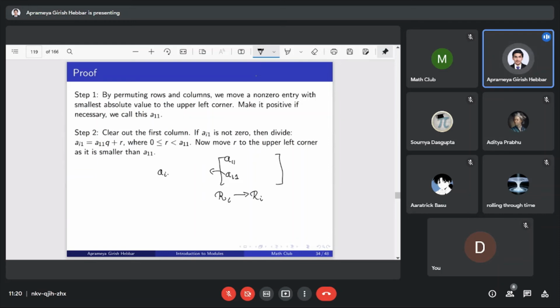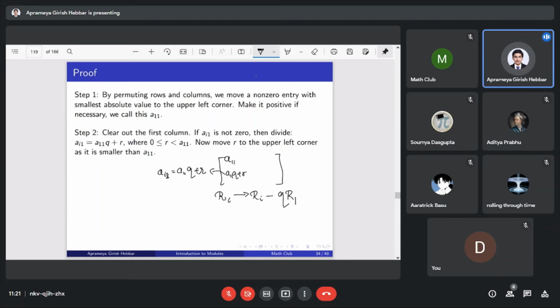You can write ai1 as a11 q plus r. Now what you can do is replace Ri with Ri minus q times R1.